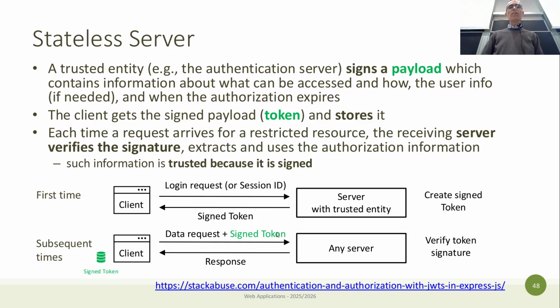So this token. And the receiving server just verifies the signature of the token, and there's no need to check if the user established a session with another server and so on, because the two servers are somehow trusted, okay? So server with trusted entity means that it's trusted by all the other servers that will receive the signed token, okay? So in short, it can verify that the signature is valid, okay?